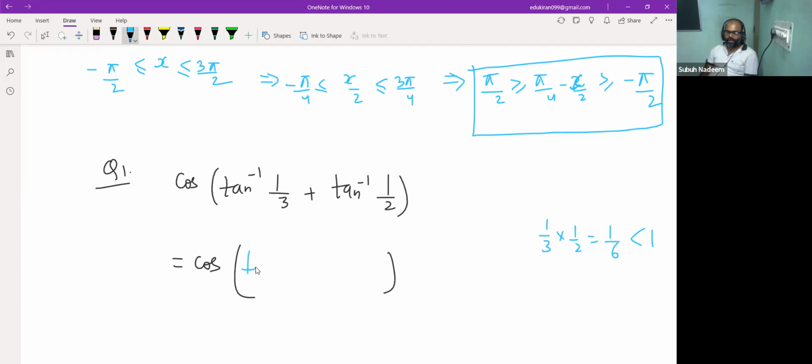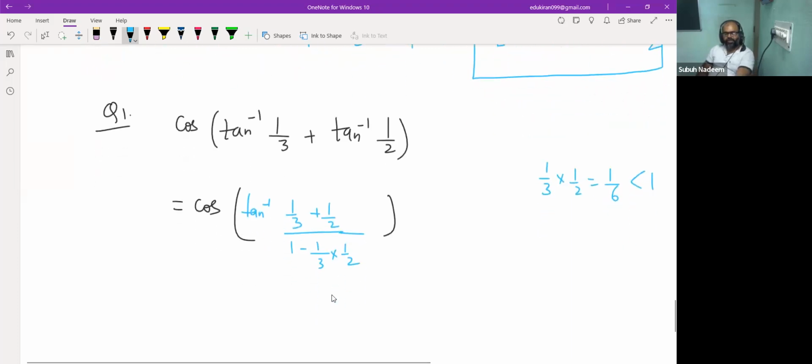So we'll simply apply tan inverse of (x plus y) by (1 minus x into y). We need not add pi. If it was xy greater than 1, then we will apply pi plus tan inverse of this.